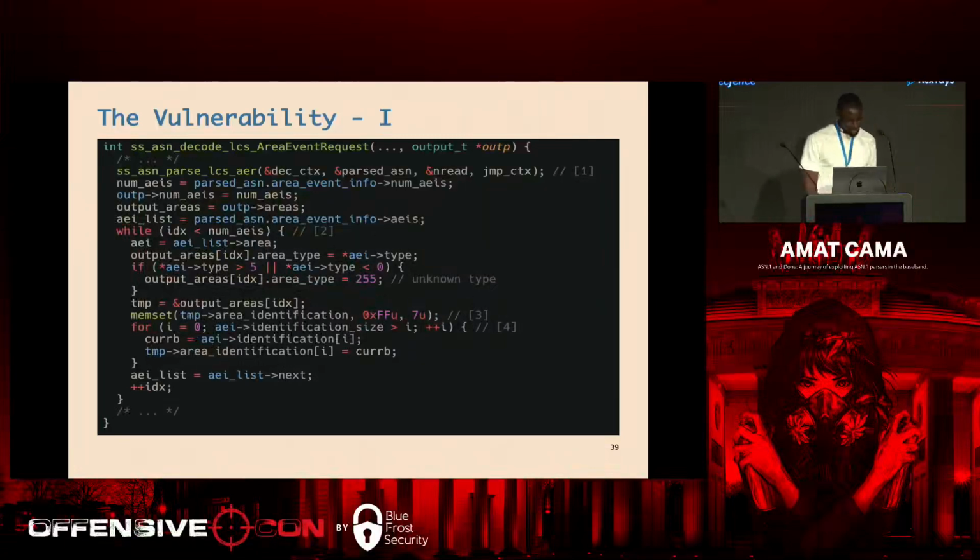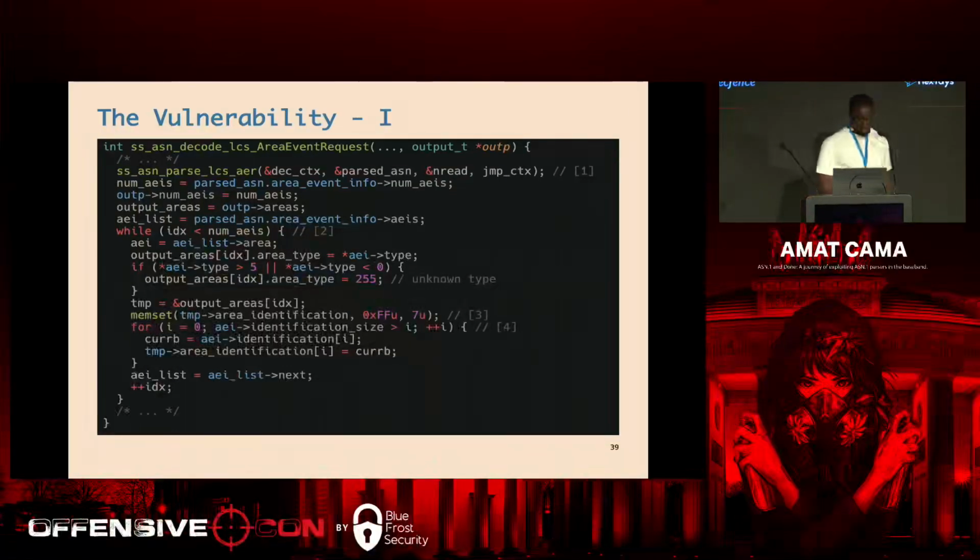There's this thing called a jump context, and essentially it's the way the ASN1 parser bails out. When it's decoding a message and something fails, it does a long jump back to a previous place, just to bail out of decoding.